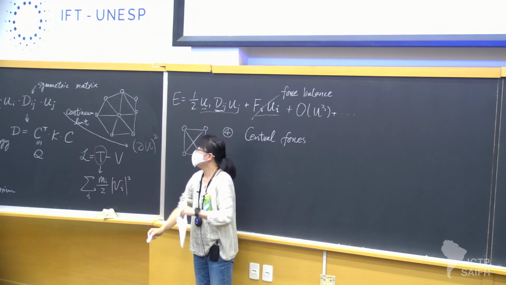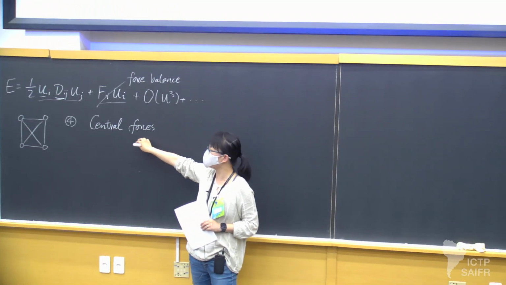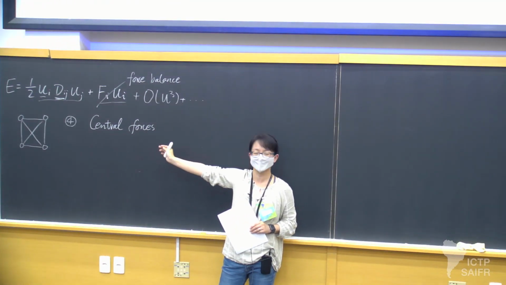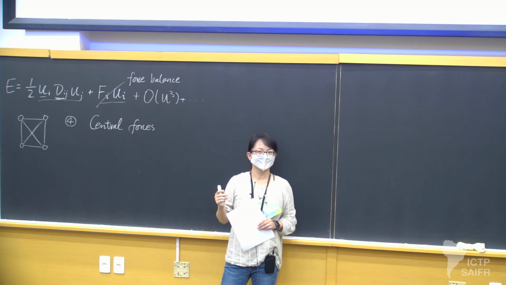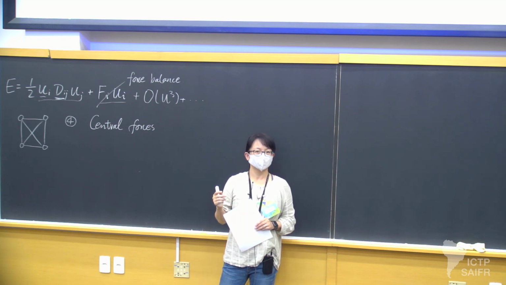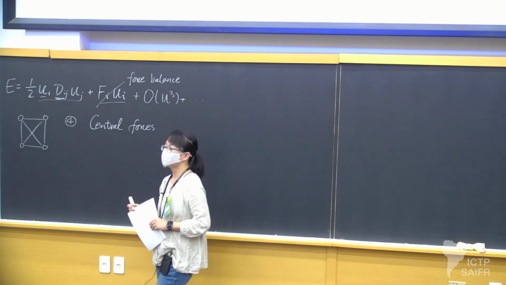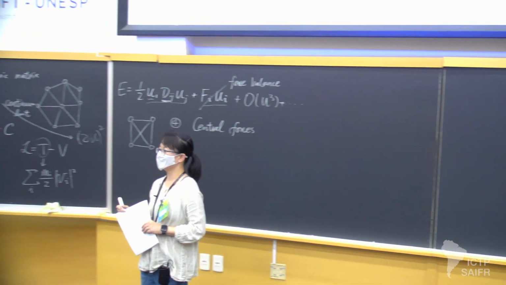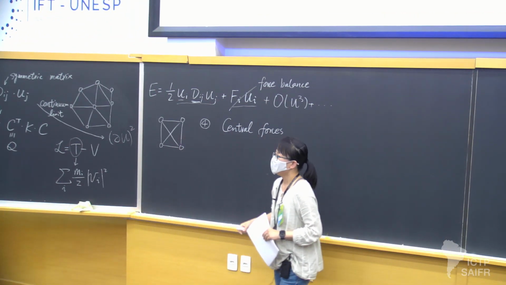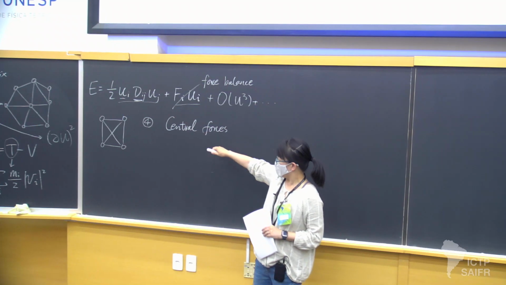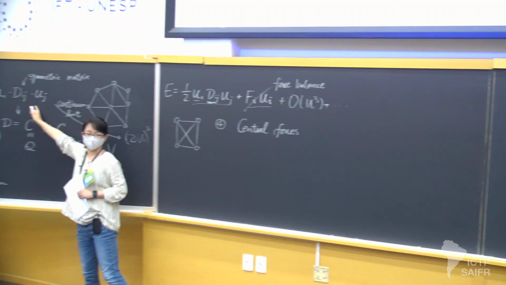Or more specifically, if we have interactions that are beyond the central forces, can we still write it in that way? The forces don't have to point between these particles, but yeah, central forces would be very natural to write it like this, right?